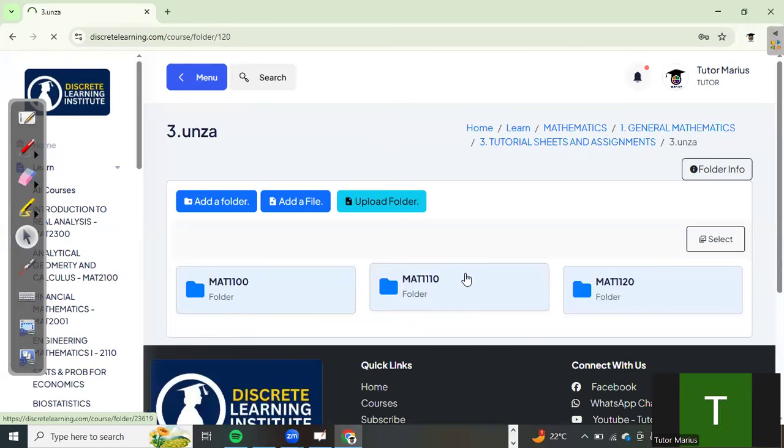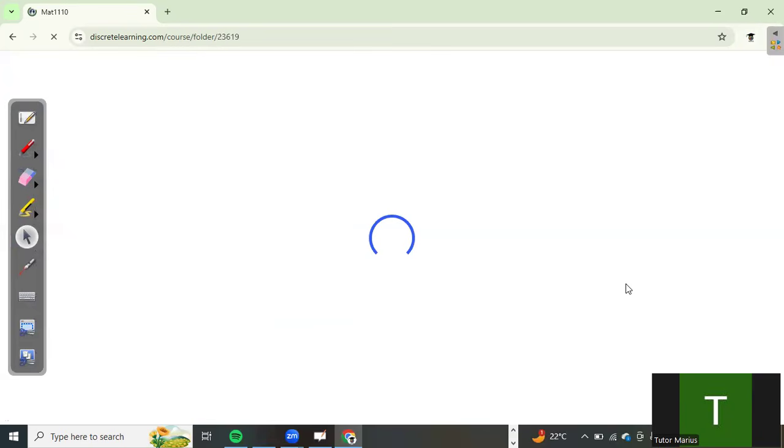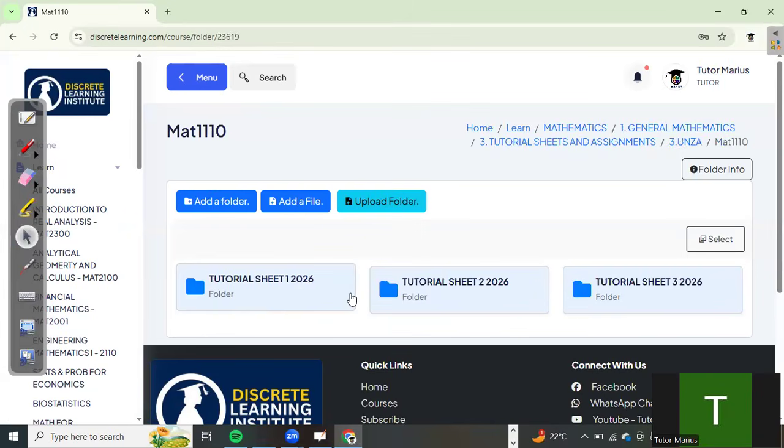So when you click here, then you see tutorial sheet 1, tutorial sheet 2, tutorial sheet 3. So this is from tutorial sheet 3. You expect to find it there, and many other tutorial sheets that will be uploaded.